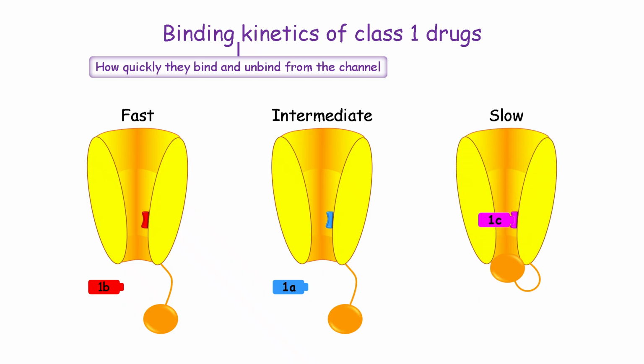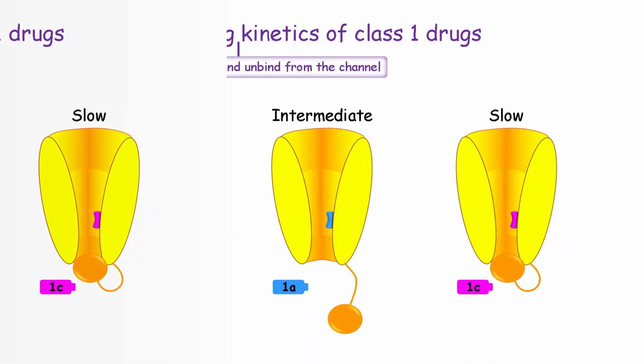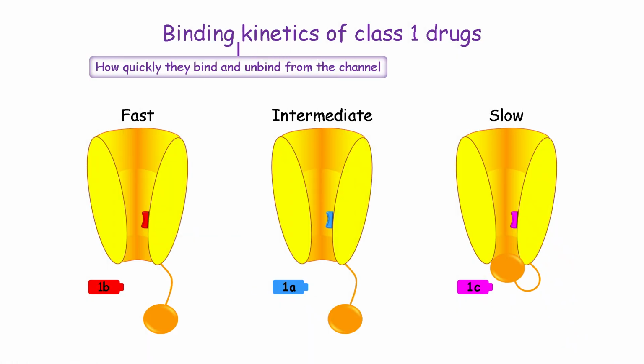They may remain bound for multiple heartbeats, leading to cumulative block with repeated channel activation. These differences in binding kinetics are important because they influence how each drug interacts with the heart's electrical activity over time. This lays the foundation for understanding use dependence, a key concept we'll explore next.